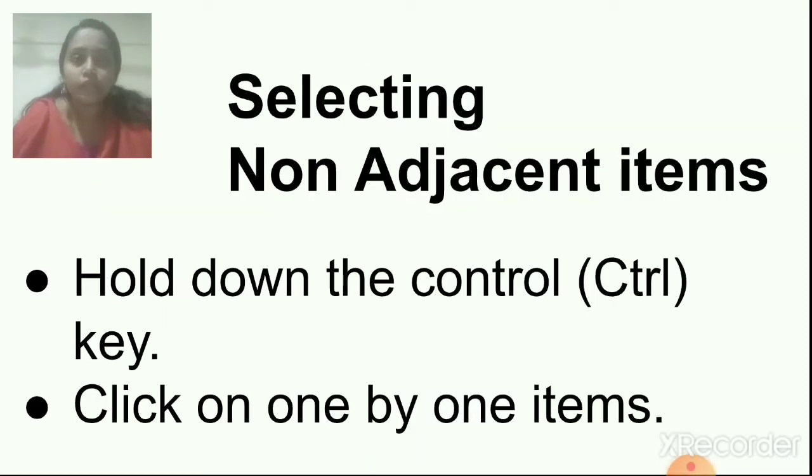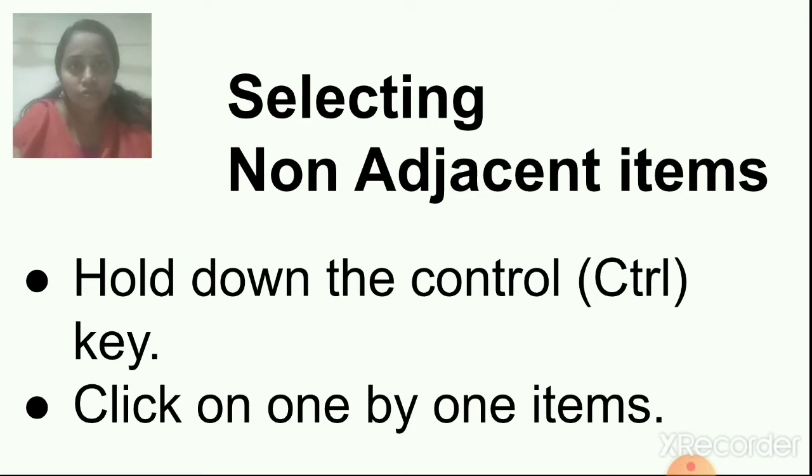Now selecting non-adjacent items. How to select non-adjacent items? Means randomly you can select any icons or any items on the desktop screen. How to do it? Hold down the control key. Hold down which key? Control key.